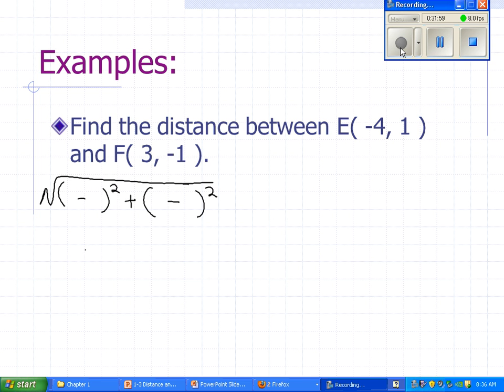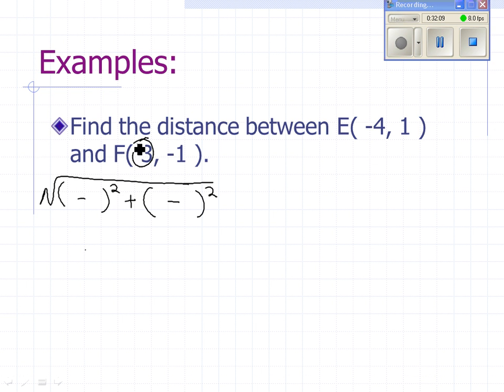Christian, what's our x coordinates there on these two points? So that's one x, that's the other x, so -4, 3. Kaylee, what's the y coordinates?